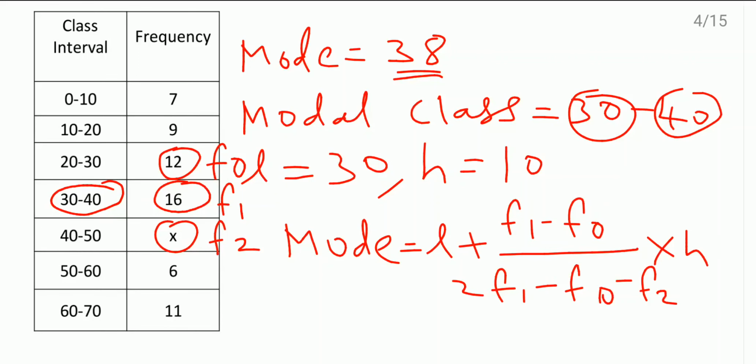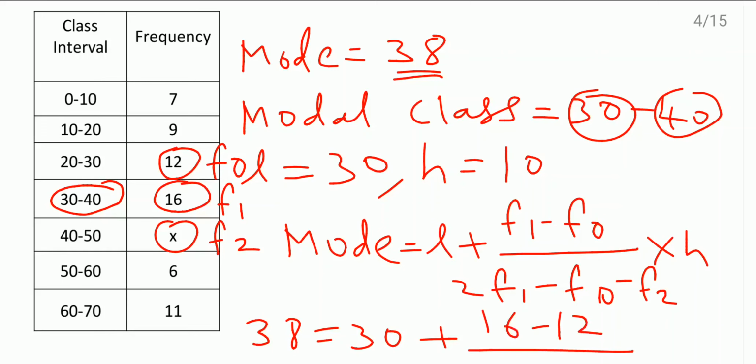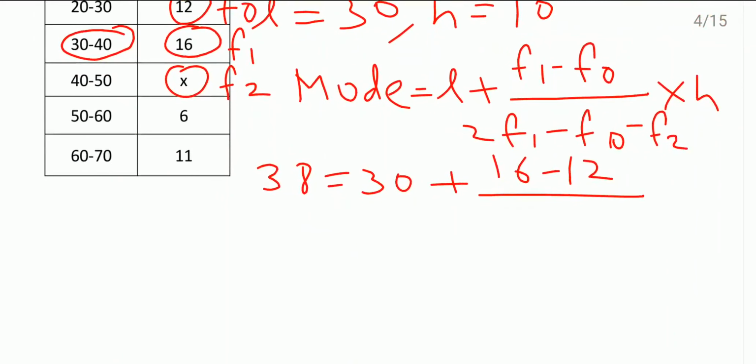Let us substitute the values here. Mode is given as 38, which is equal to 30 plus F1 is 16 minus F0 is 12 divided by 2 times F1, that means 2 times 16 minus F0 is 12 minus F2 is X, into 10.